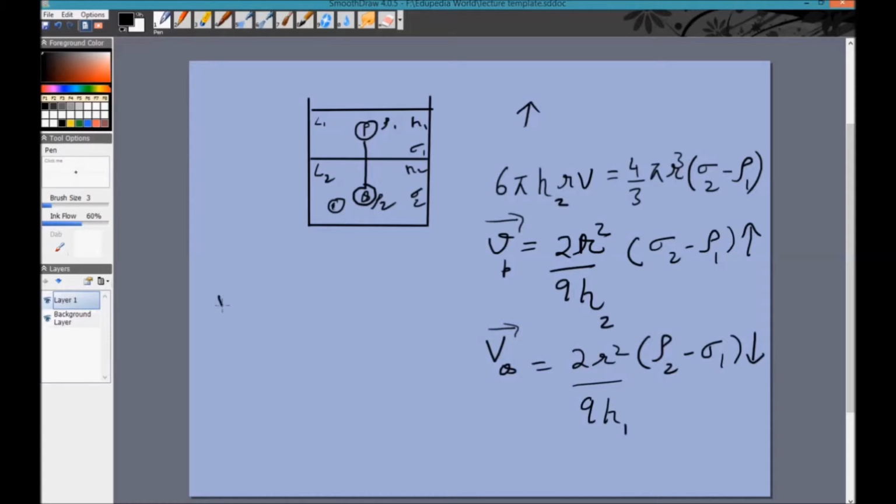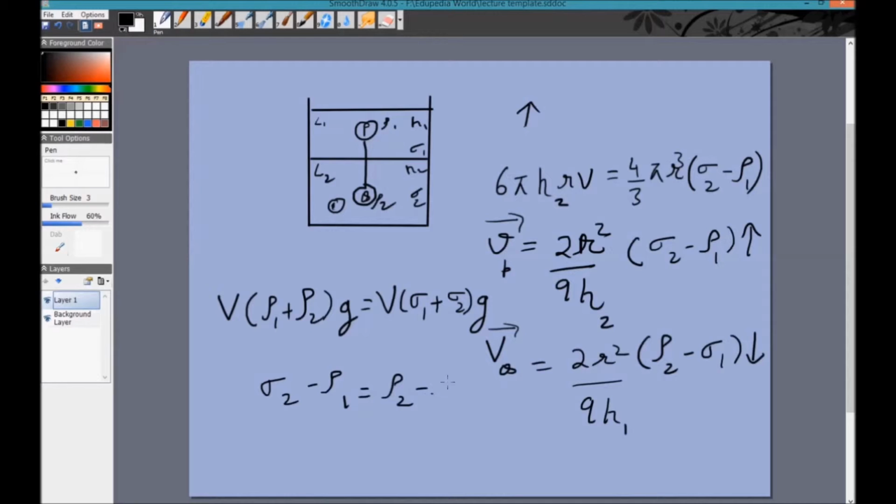So the equation will be V times (ρ1 plus ρ2) g is equal to V times (sigma 1 plus sigma 2) g. The total buoyant force is equal to the total gravitational force. From this equation I get sigma 2 minus ρ1 is equal to ρ2 minus sigma 1.